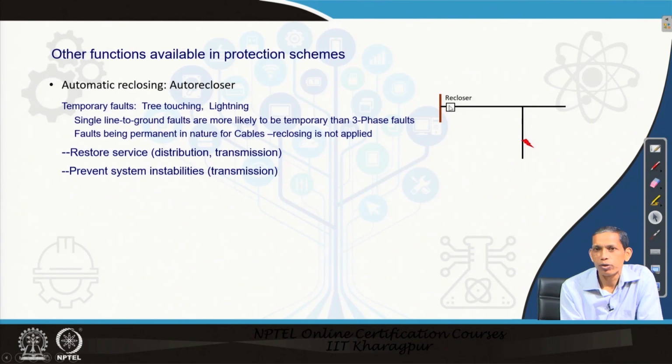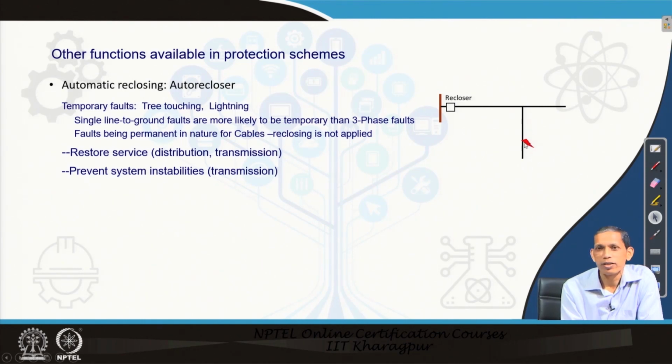So, whenever the recloser finds a fault, it opens and again recloses after some time. If the fault has vanished by that time, the whole system supply can be restored automatically. It makes this kind of trial two to three times, and if the fault has vanished, the system is completely restored.